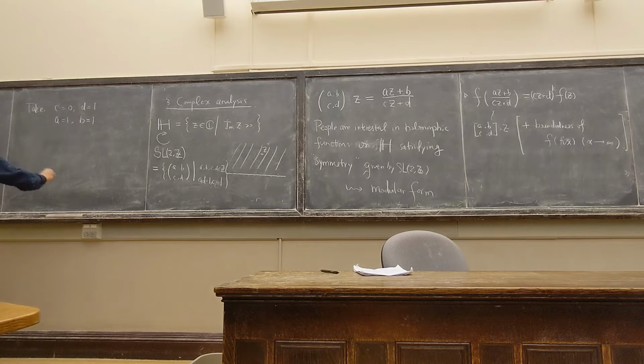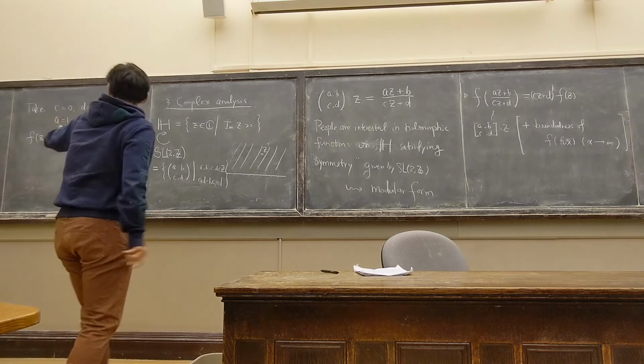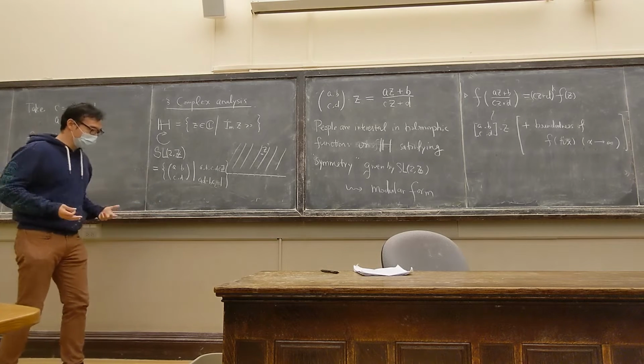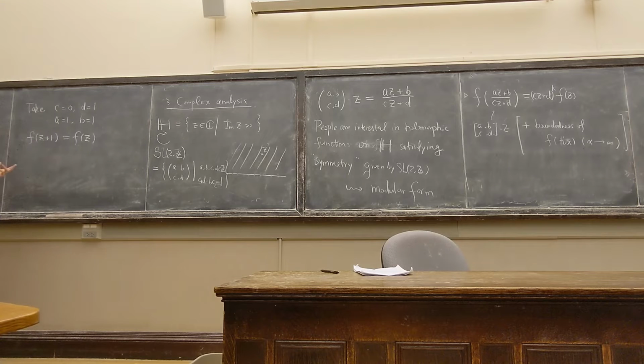Okay, then what this condition says is that your function actually is periodic. f(z + 1), there's no correction term, is equal to f(z). So you have some periodic function, and this suggests that maybe there's a natural way to construct this function by considering its Fourier expansion.